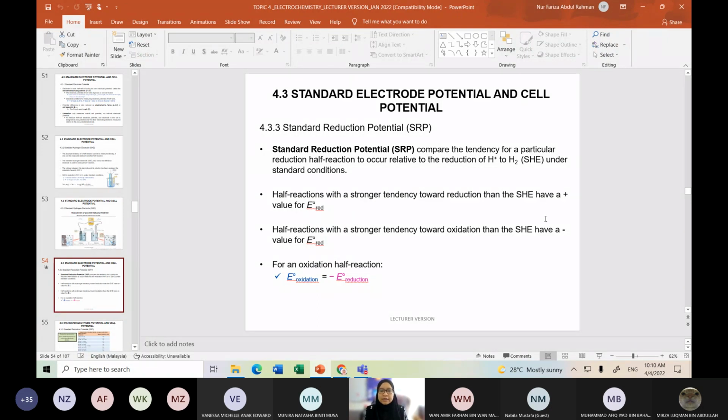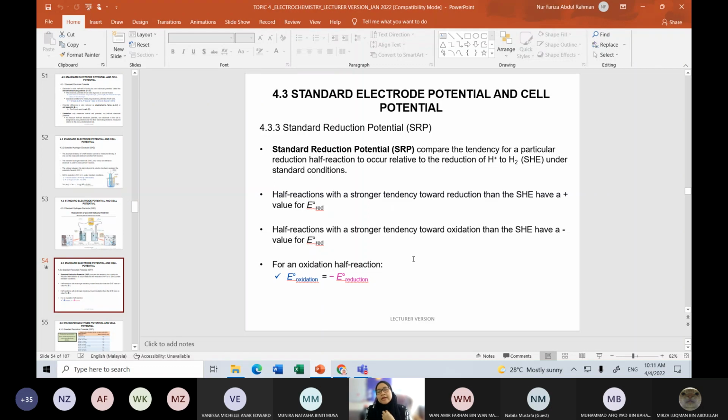When the value is very positive, that means it has a higher tendency to undergo reduction, therefore it will be a good oxidizing agent.